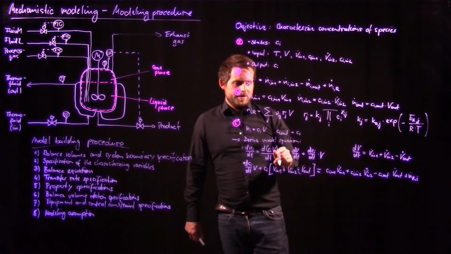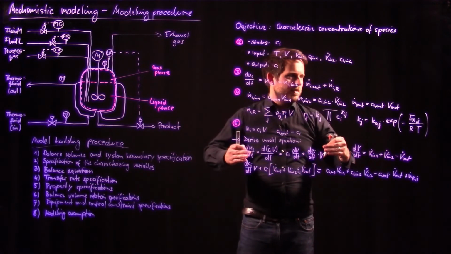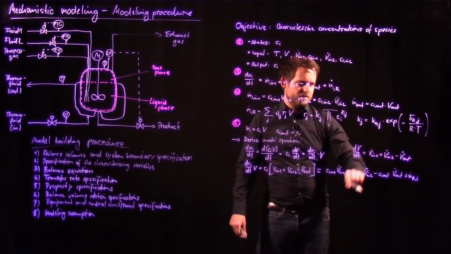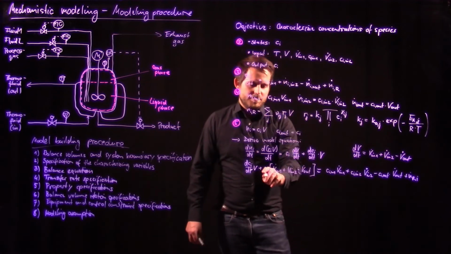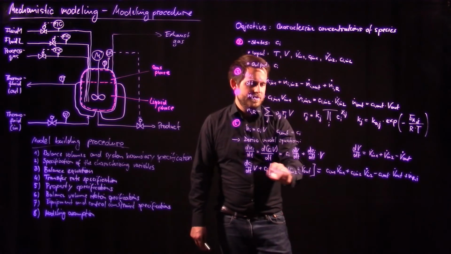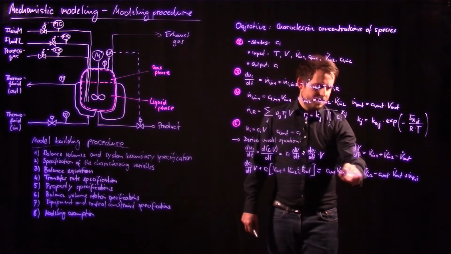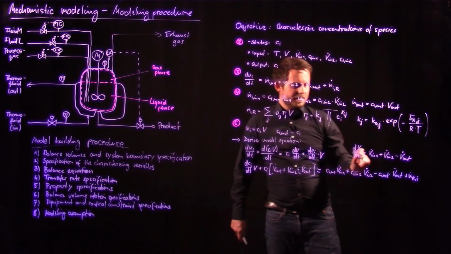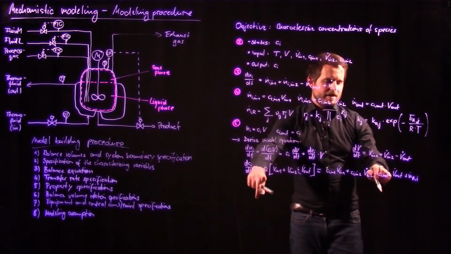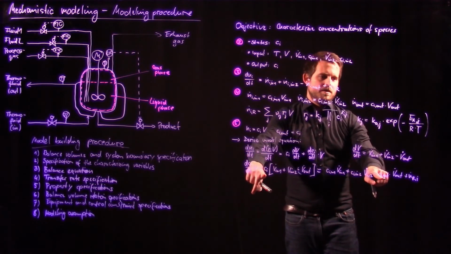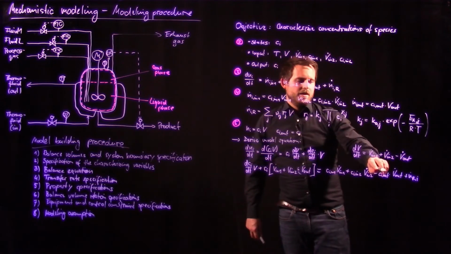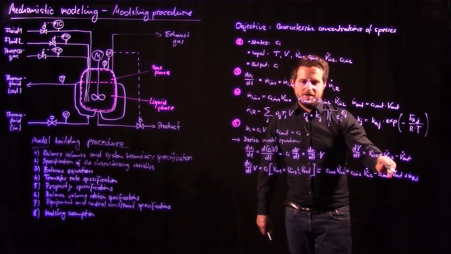And afterwards we can reformulate this and put this stuff on the other side. So if I subtract this term from this term, I will see, under the assumption that Ci and Ci out are equal, which I assumed here, that this term diminishes.